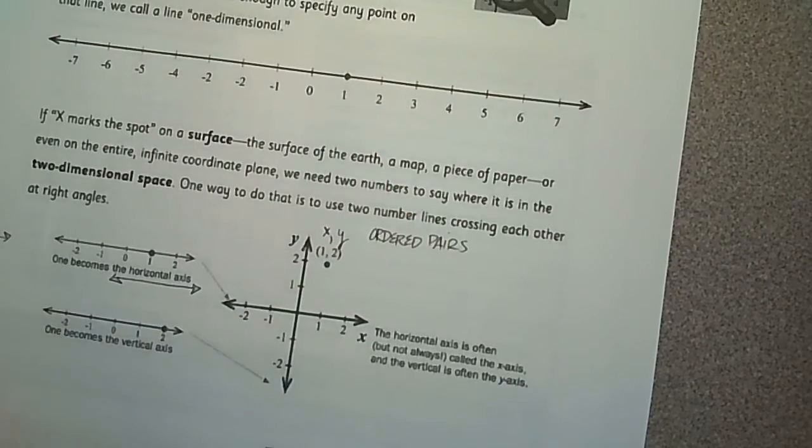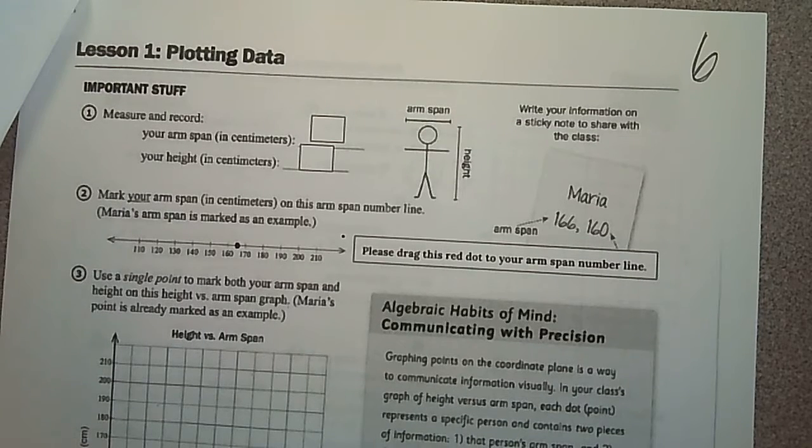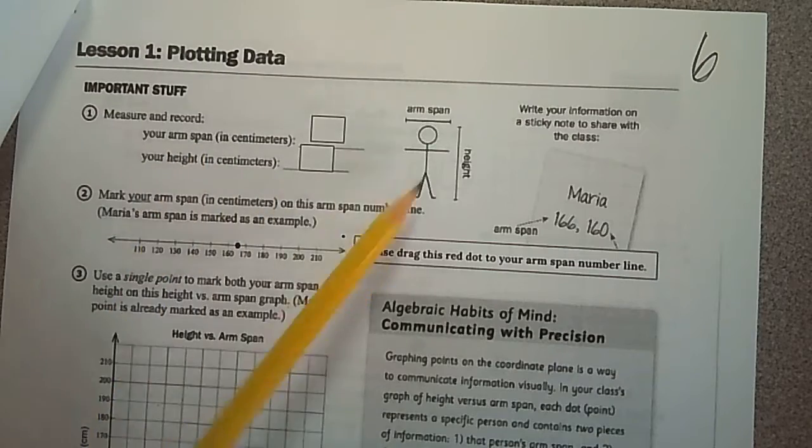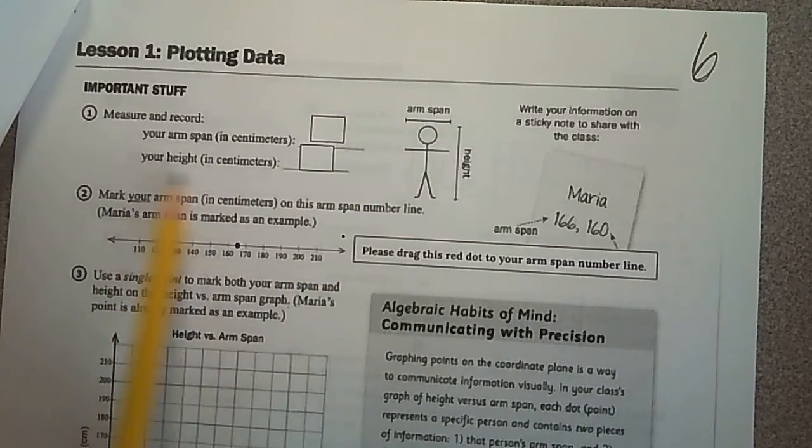Let's go. So in class, normally what we would do is I would call each student up to the front and I would measure and record your arm span, and then your height. But with COVID, we can't get that close.